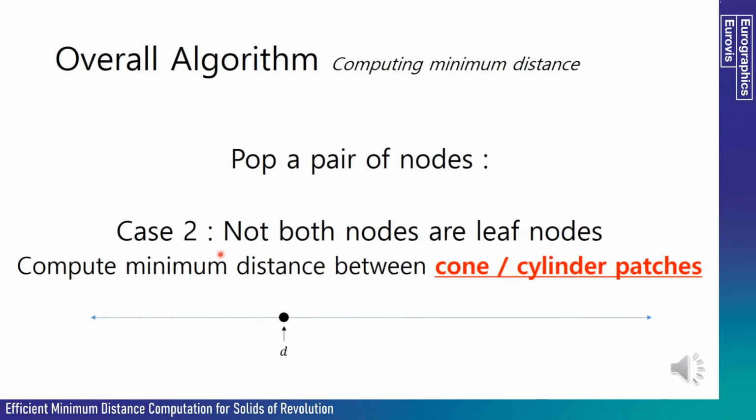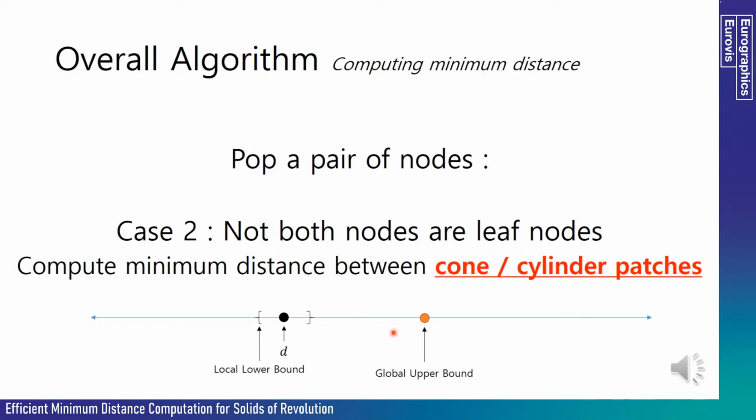In the other case, at least one node is not a leaf node. Then we compute minimum distance between conical or cylindrical patches. Then, as we did in the previous slide, we can use approximation error to find a lower bound of the local minimum distance. At that point, if the current global upper bound is larger than the local lower bound, we must investigate child nodes because the local upper bound in the end could be smaller than the global upper bound.